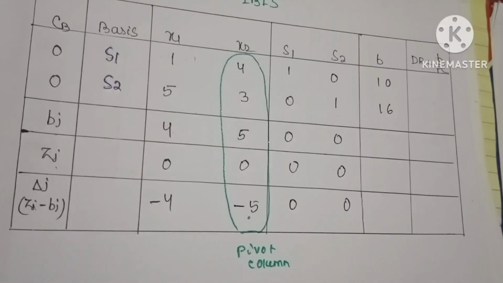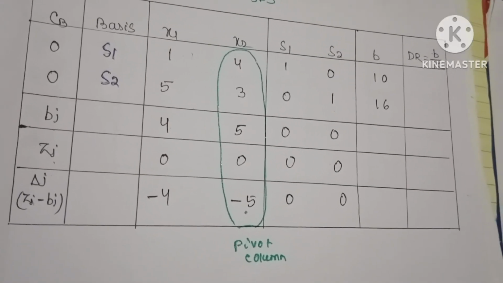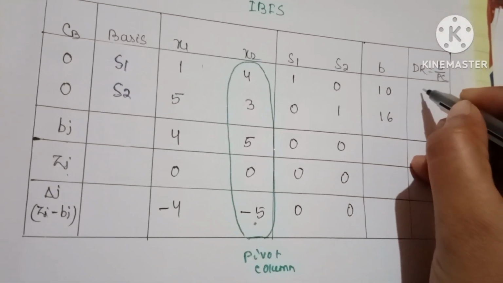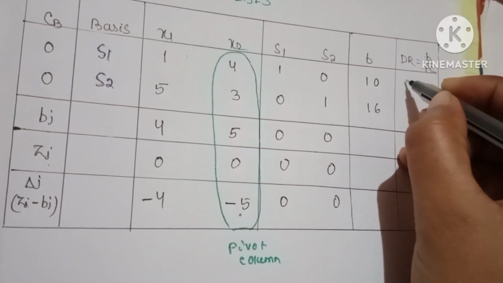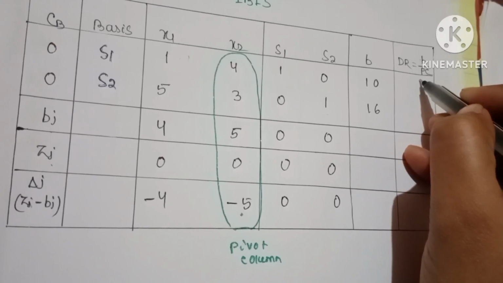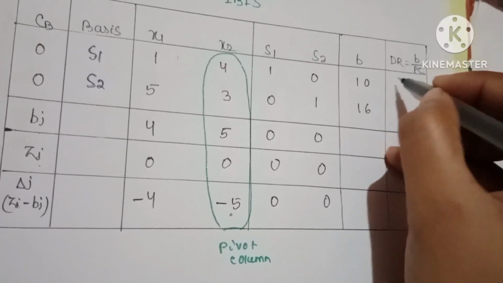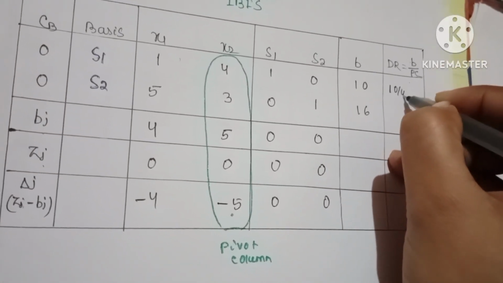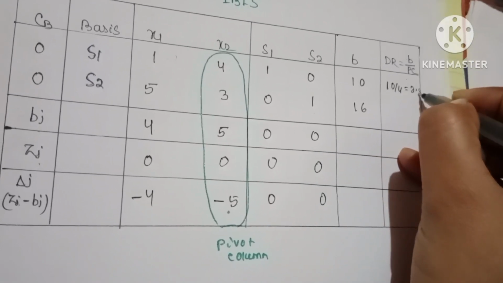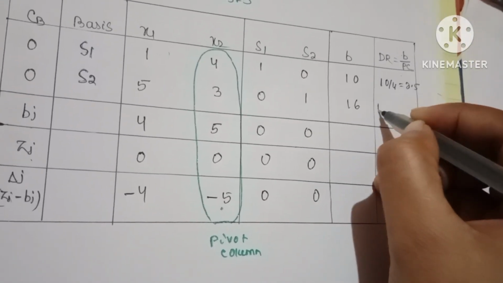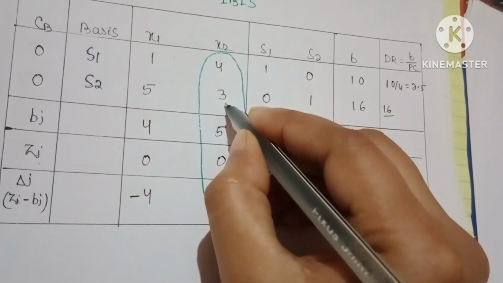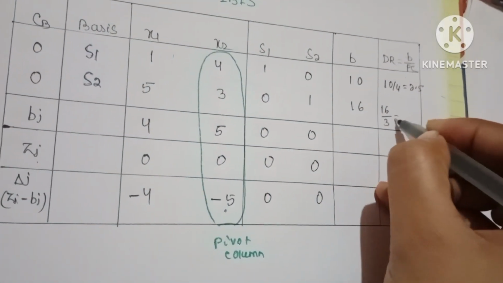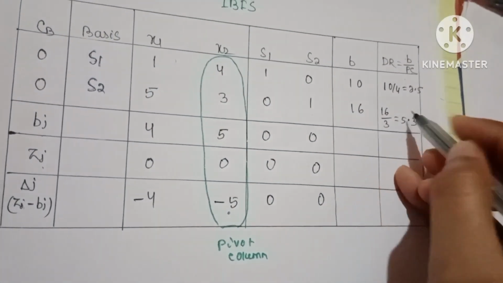So now we will calculate the displacement ratio. This is calculated by B by pivot column. So this equals 10 by 4, which equals 2.5, and the next is 16 by 3, which equals 5.3.